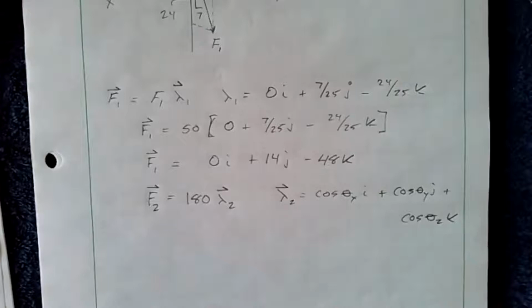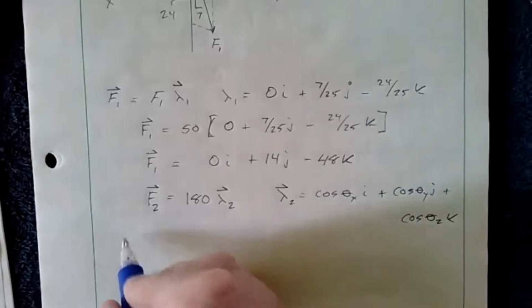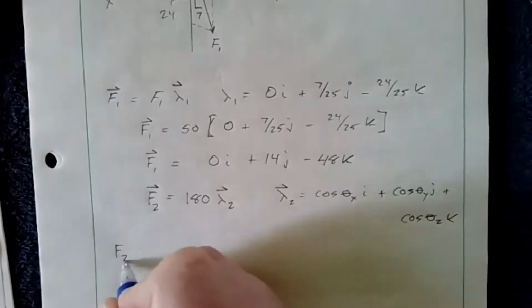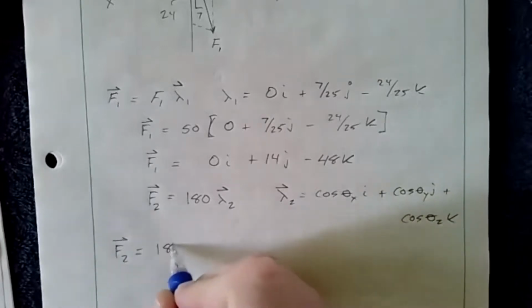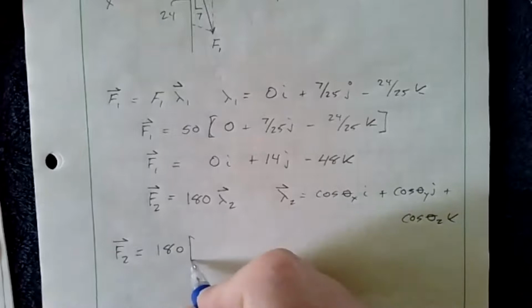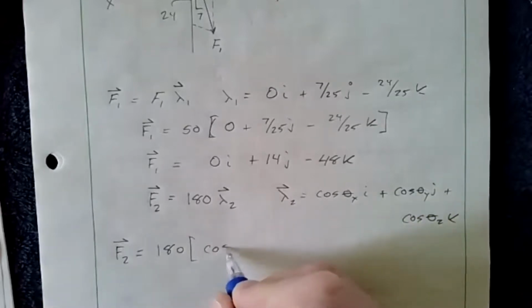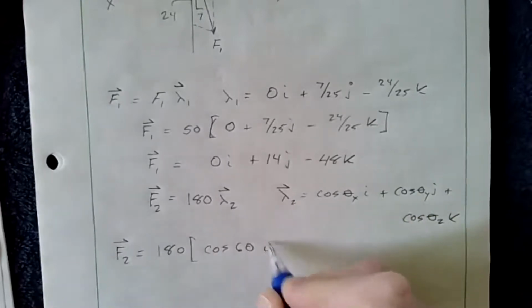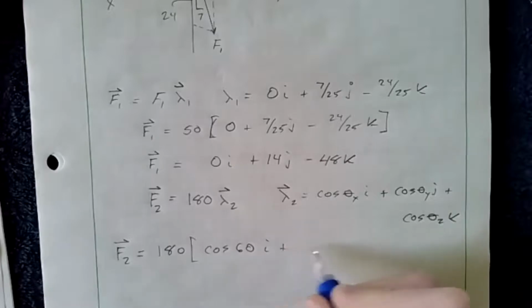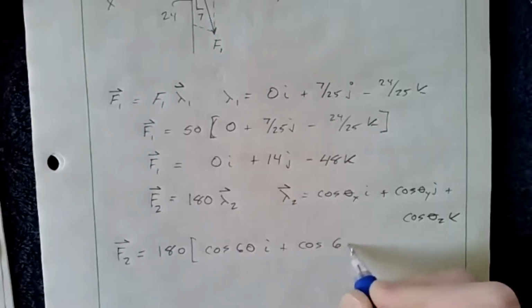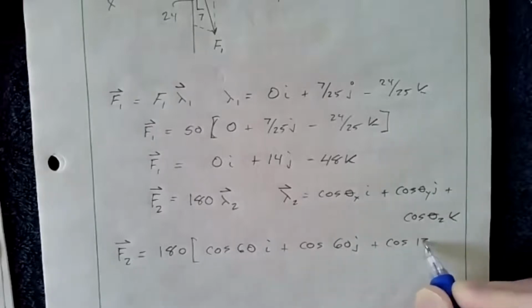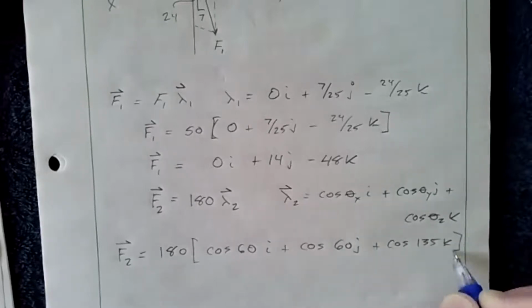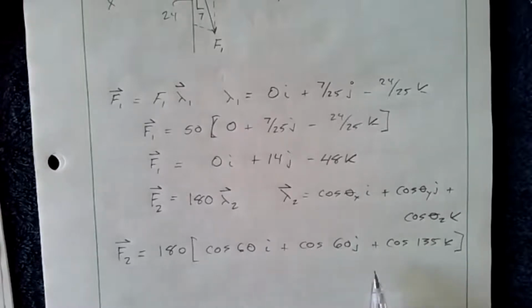F2 equals 180 times (cosine 60 i plus cosine 60 j plus cosine 135 k).